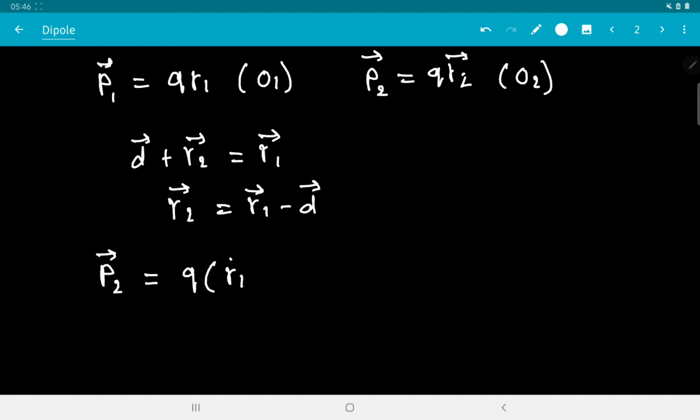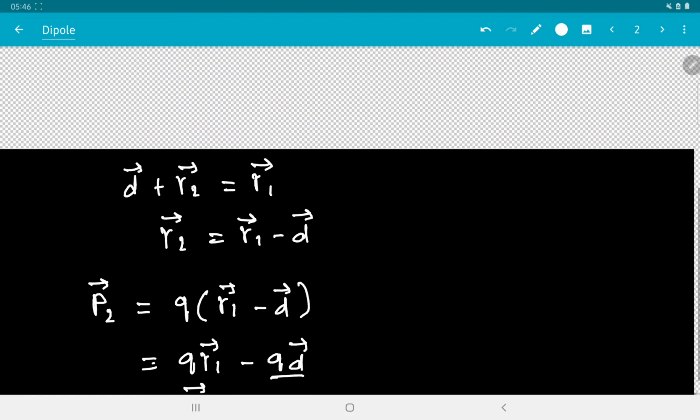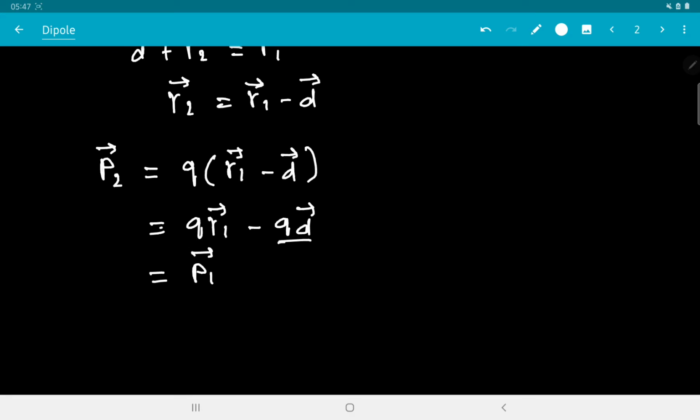That means we can write q into r1 minus d vector, that is nothing but q into r1 vector minus q into d vector. Now q into r1 vector is nothing but p1, and q into d is 0 because there is no charge at this place, so q is 0 there. So q into d becomes 0.